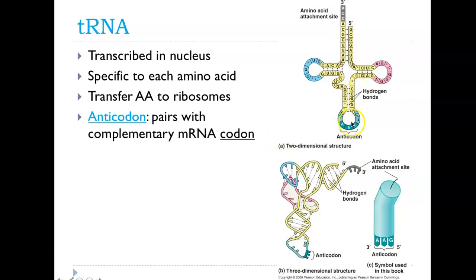All right, so the anticodon, there are these three letters down here. The anticodon is complementary to the mRNA codon. So if this anticodon is AAG, this tRNA actually matches up to UUC on mRNA. And the amino acid that it's going to be carrying is the amino acid from the amino acid chart that corresponds to UUC. So I need you to look at page 101. Pull out page 101.